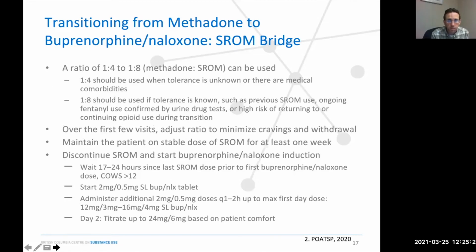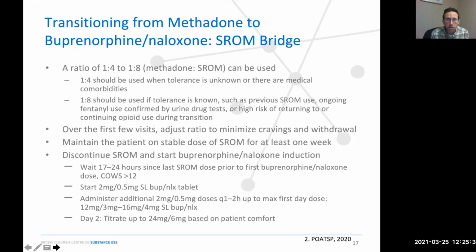Next slide, please. So Esrom to methadone is a ratio of between 1:4 and 1:8. I generally use 1:4 or 1:6 originally as my first conversion, and then often try and give someone PRNs of hydromorph as well too.